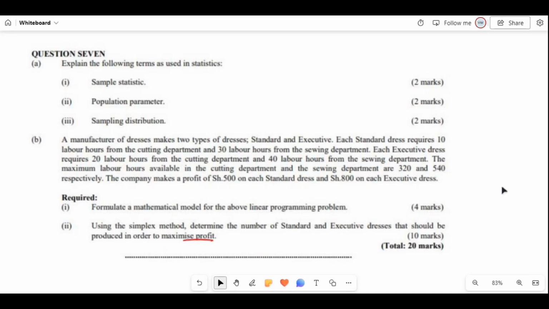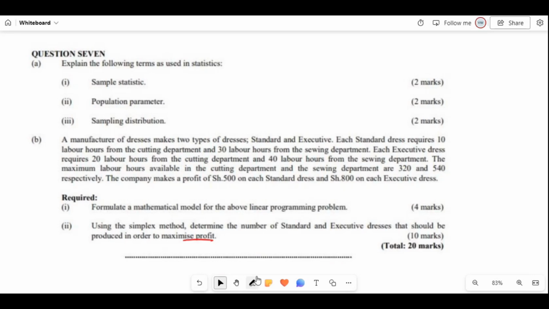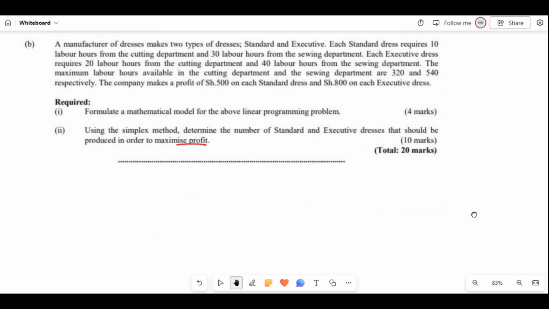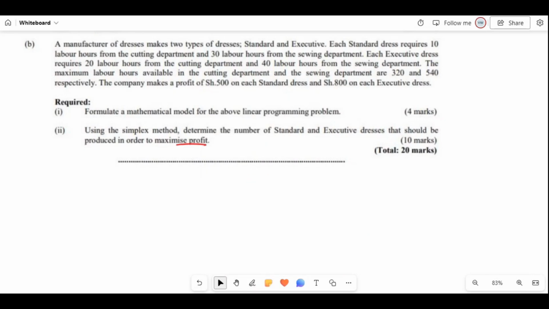The first thing we have to do is assign our decision variables algebraic designation, and say that let the number of standard dresses to be manufactured and sold be X.